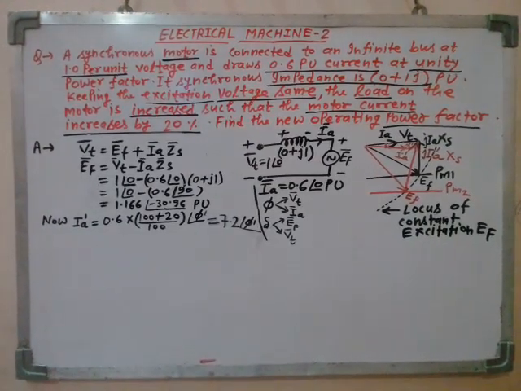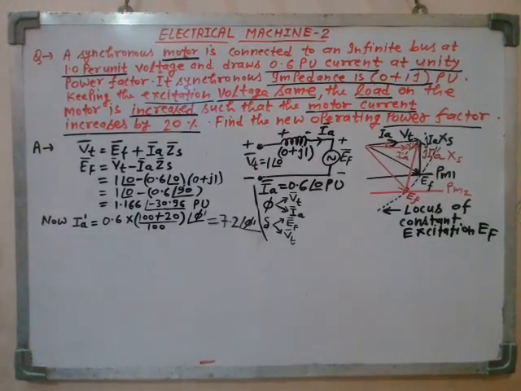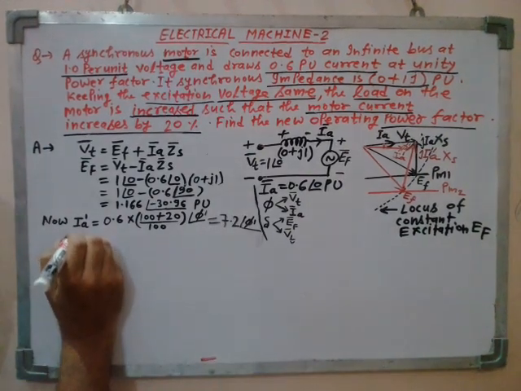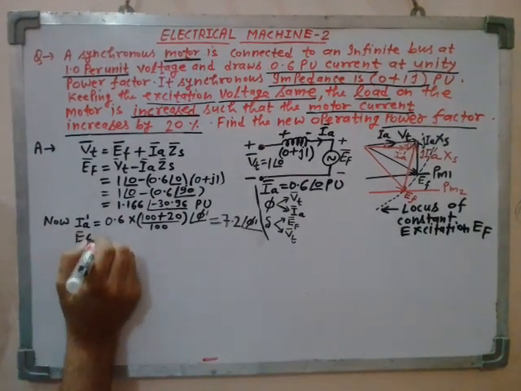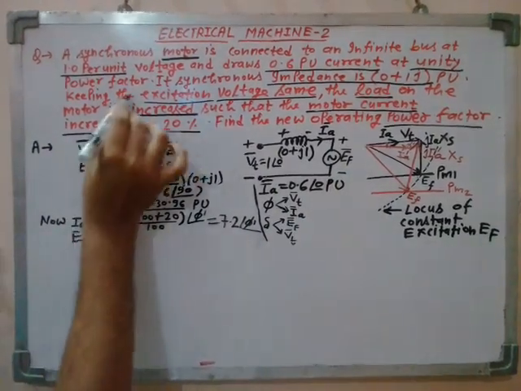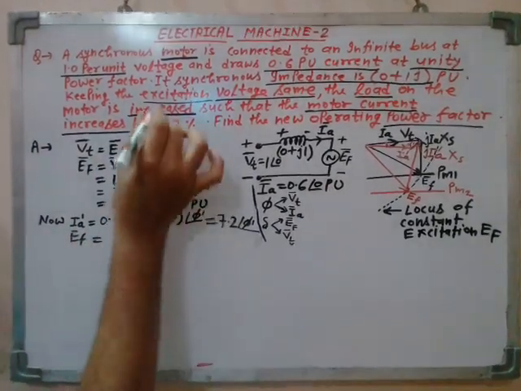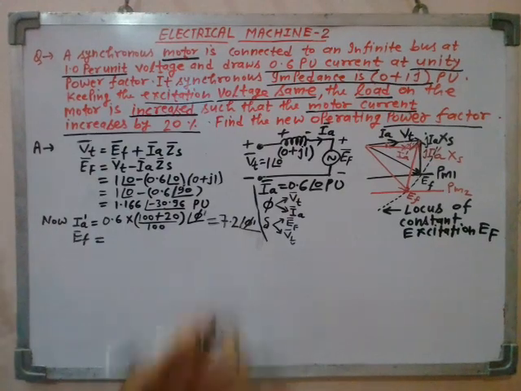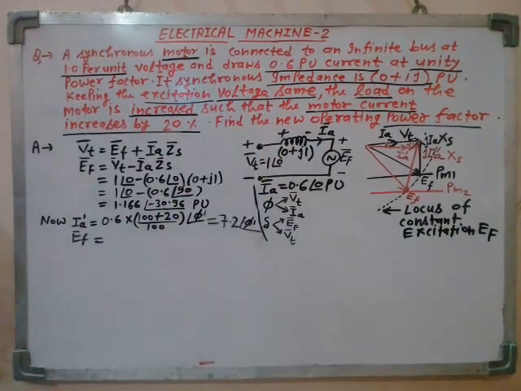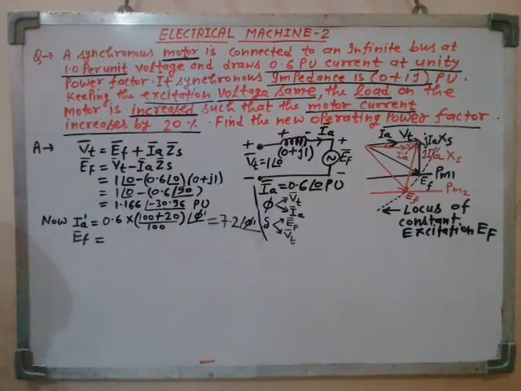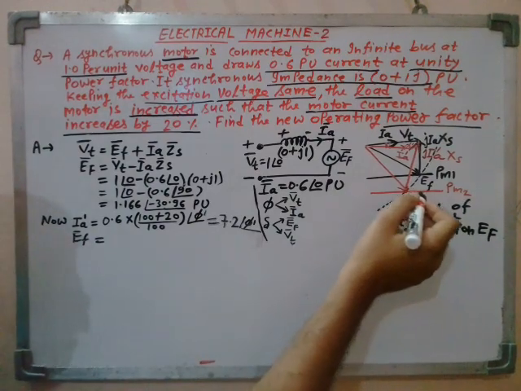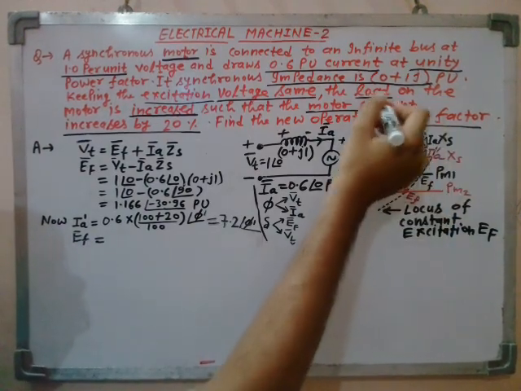So apply the same circuit equation for the next case. You have to keep the excitation voltage magnitude the same. The load angle will definitely increase because the load on the motor is increasing.